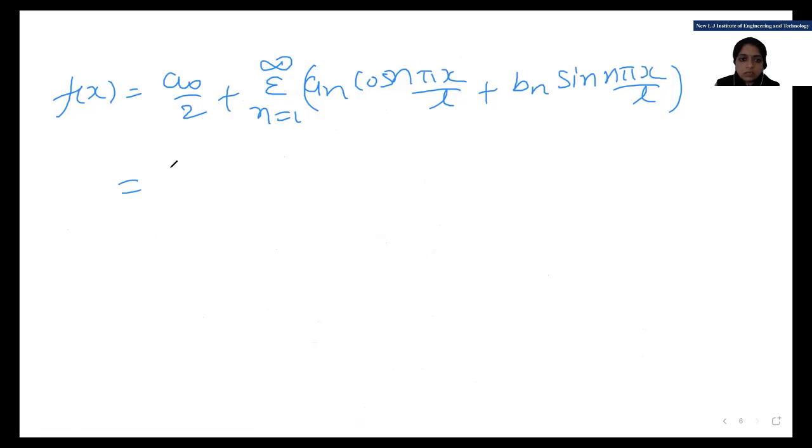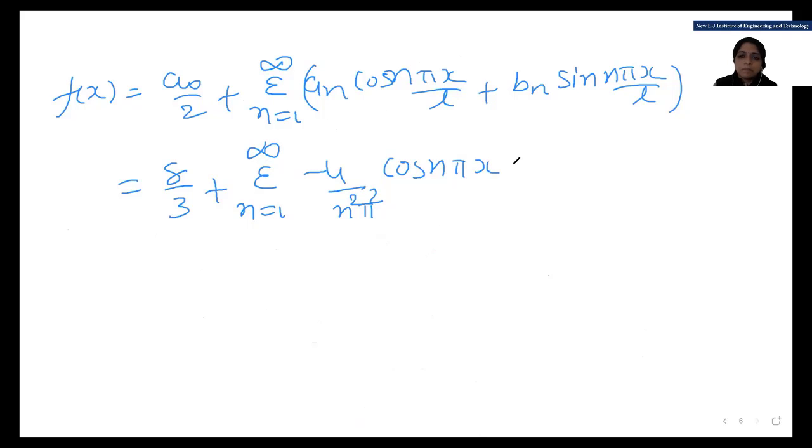16 by 3, that is 8 by 3, plus summation n 1 to infinity minus 4 upon n square pi square, right? Here cos n pi x, value of L is 1, and plus Bn, that is 4 upon n pi, into sine nx.